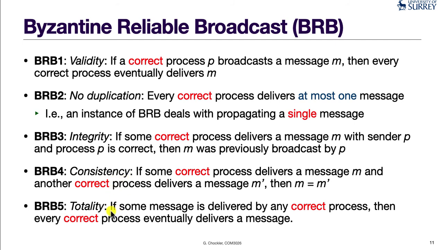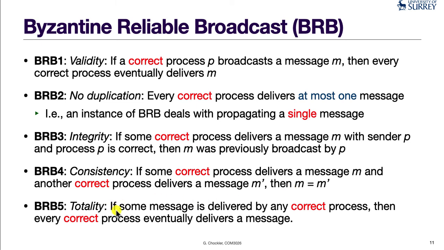Totality simply says that if some message is delivered by a correct process, then every correct process will eventually deliver a message. It does not say which message because it's not needed. That's already covered by the consistency property, which says that the message is the same everywhere.